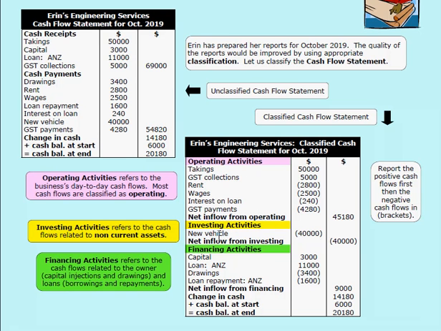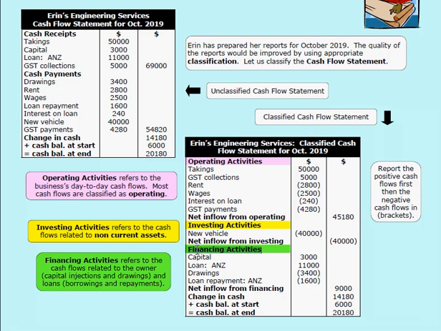A vehicle for the business is a non-current asset. $40,000, it's an outflow, so it's in brackets, and so it is the same thing as the total net outflow of $40,000. Often there'll only be one item, if at all, in the investing activities section. That was the acquisition of a new vehicle for cash, so the net inflow from investing is negative $40,000.